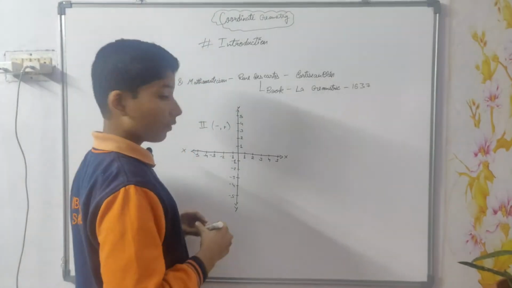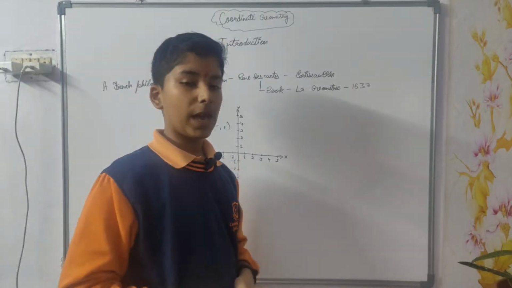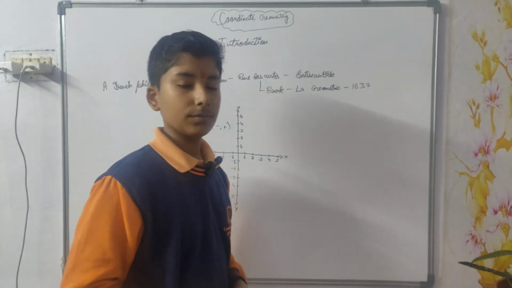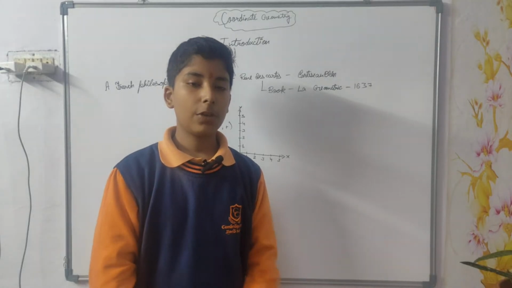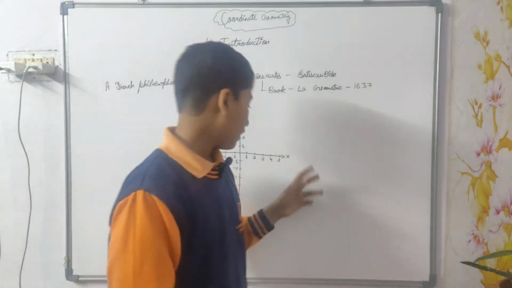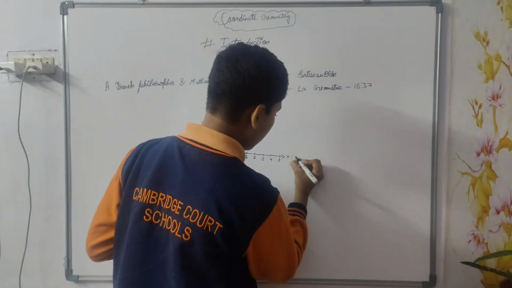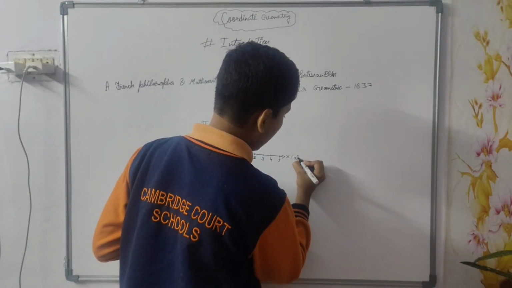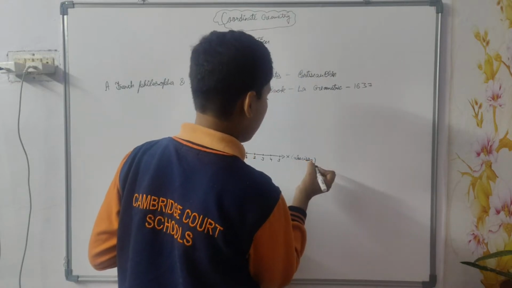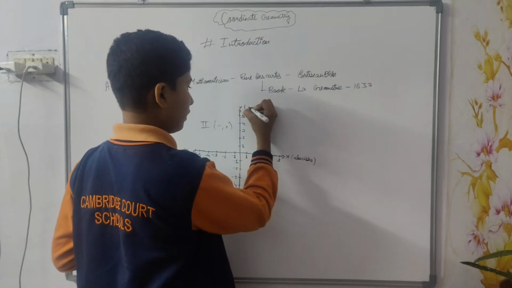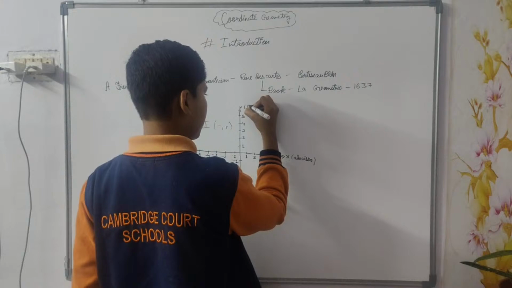Now my one more question. What is another name of the x-axis? The answer is abscissa, A-B-S-C-I-S-S-A. And the y-axis is known as ordinate.